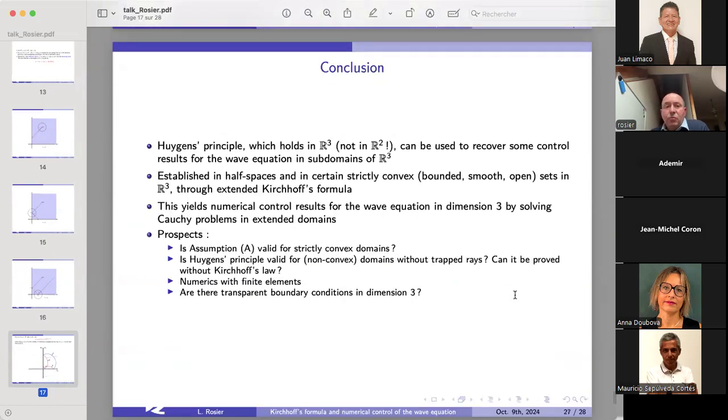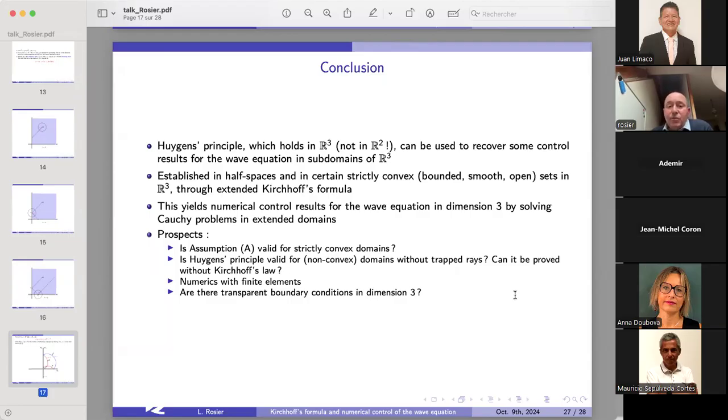So it's time now to conclude. Huygens principle, which is known to hold in R3 but not in R2, can be used with some success to recover some control results for the wave equation in subdomains of R3. We proved it quite easily in the half space.